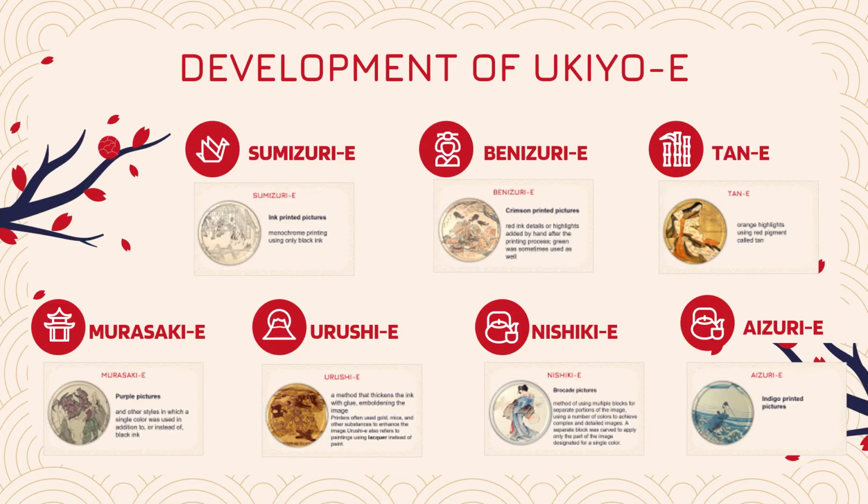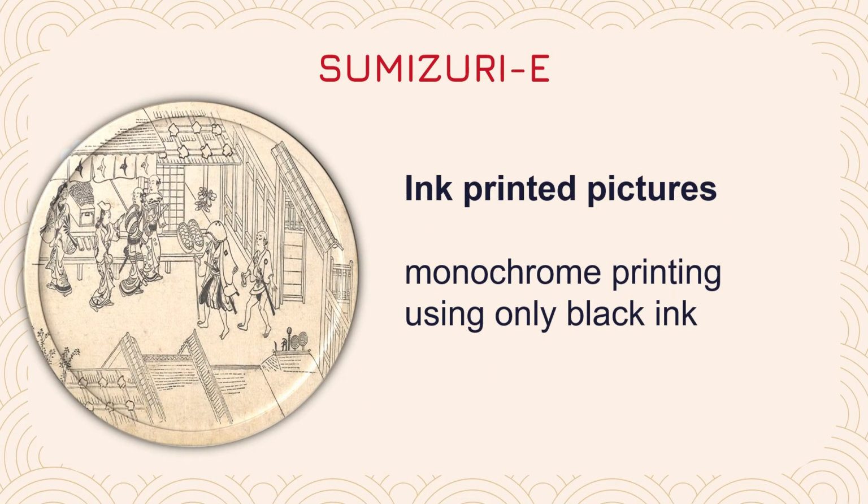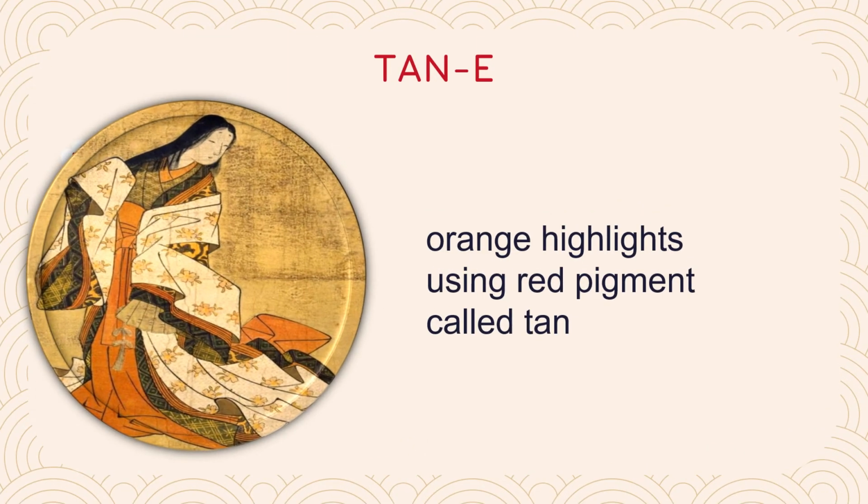The following are the development of ukiyo-e. Sumijiri, or the ink printed pictures, is monochrome printing using only black ink. Tan-e is orange highlights using red pigment called tan.